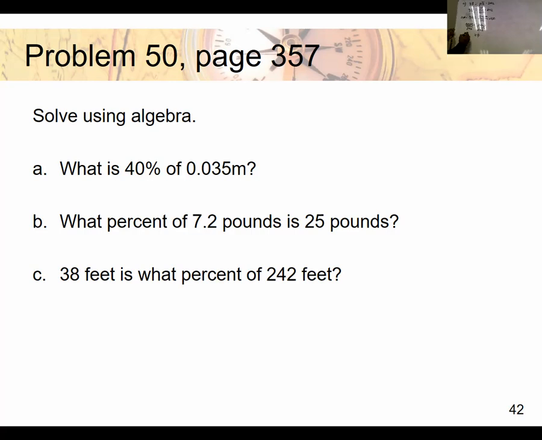And I'm rounding this off as 15.7. Okay. All right, any questions about problem number 50 and how that's done? Okay.